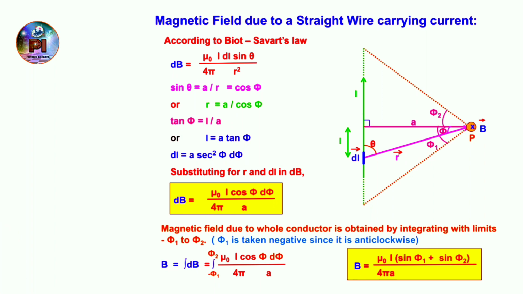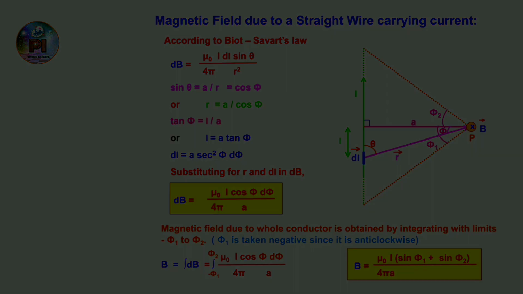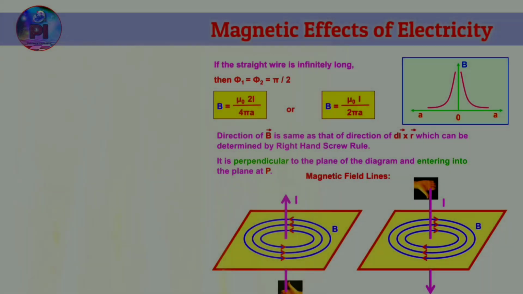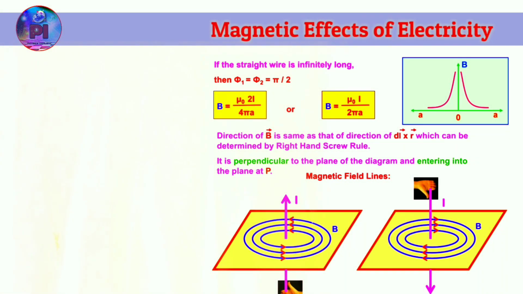We are taking minus phi 1 because phi 1 lies below the axis and phi 2 lies above the axis, so it will be positive.